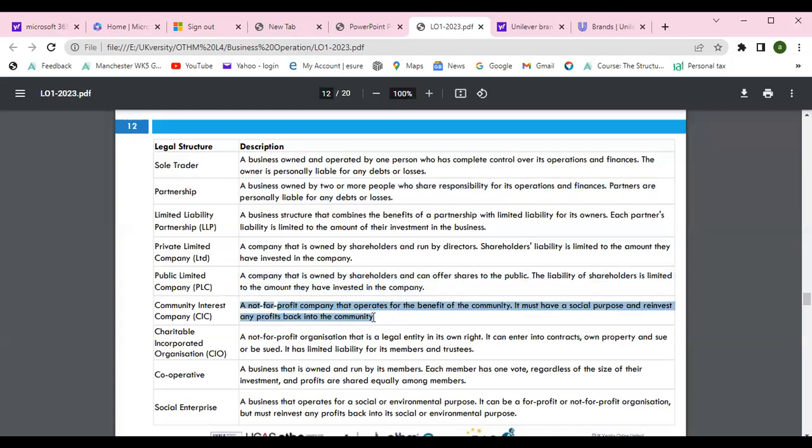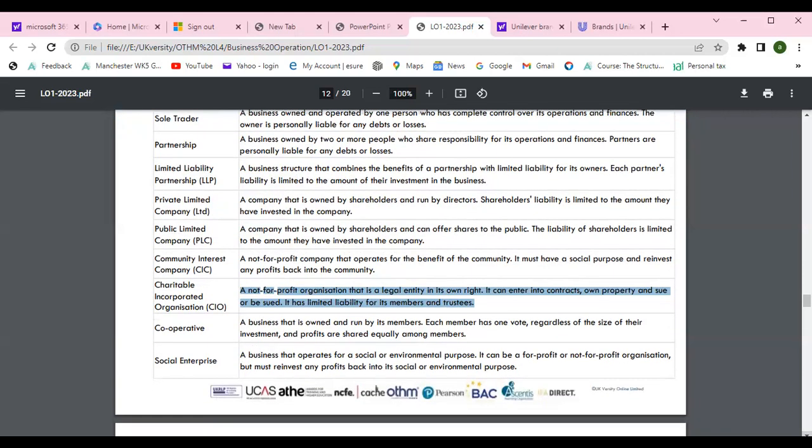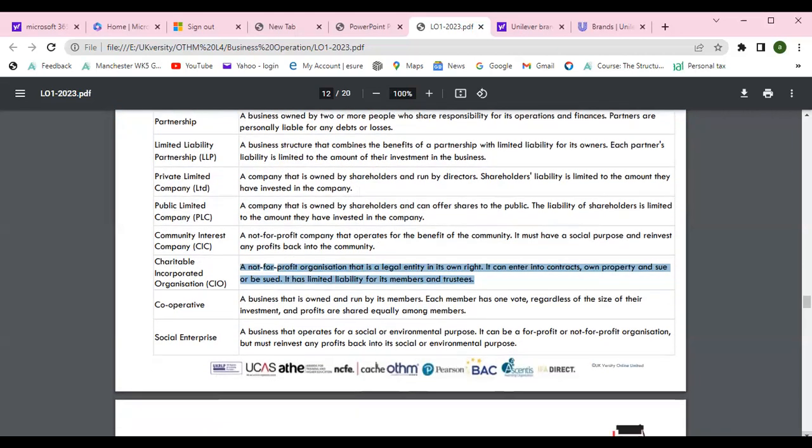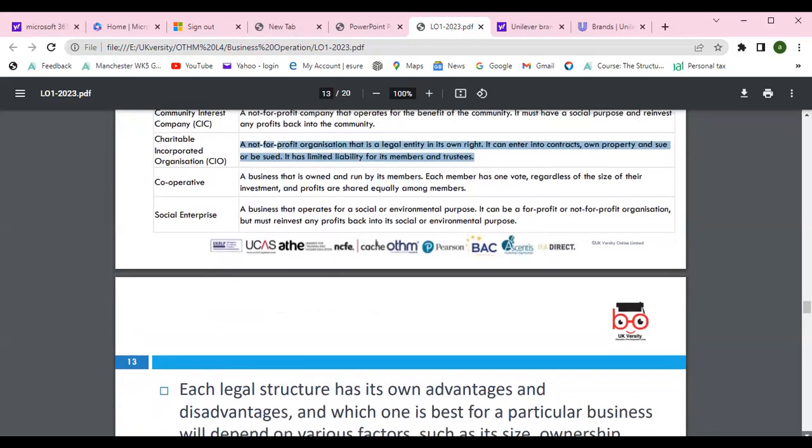Charity business, we can register with the Charity Commission in the UK, and we follow the Charities Act 2011. A lot of charities collect money for needy people. Social enterprise is for the welfare of society, environmental, not for profit, caring about animals and the environment.